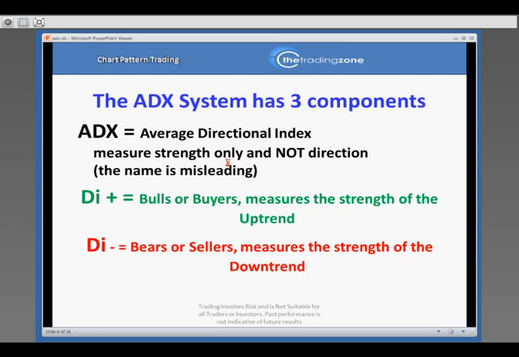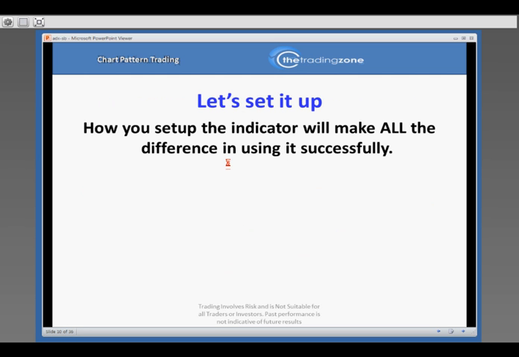So one of the nice characteristics of this indicator is the fact, right off the bat, that you can see it segments these three separate elements. A lot of momentum indicators you can use off the shelf tend to just measure strength and direction combined. So the nice thing about this package of indicators, these three, is that it separates it for you for better analysis.